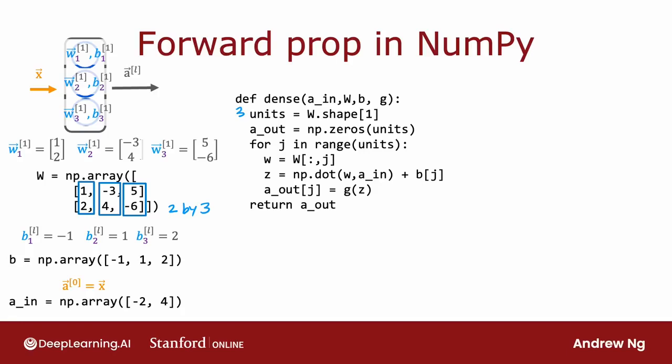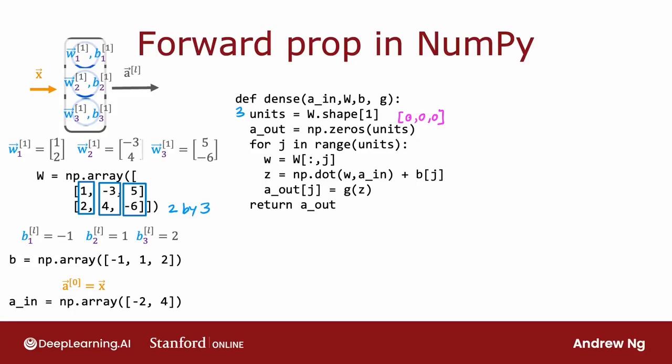And looking at the shape of W is just a way of pulling out the number of hidden units in this layer. Next, we set a to be an array of zeros with as many elements as there are units. So in this example, we need to output 3 activation values. So this just initializes a to be 0, 0, 0, an array of 3 zeros.